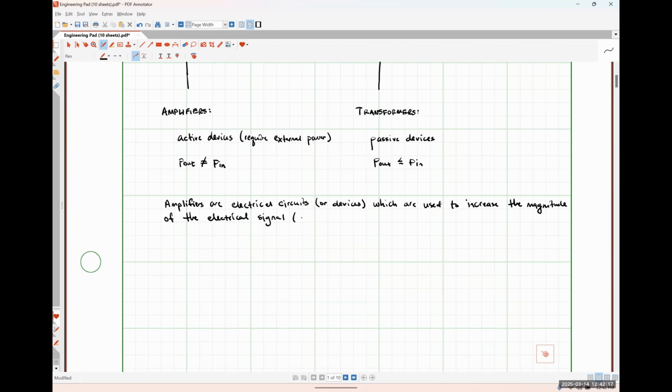I'm going to put in parentheses here, V, I, or P, so voltage, current, or power, applied at its input.